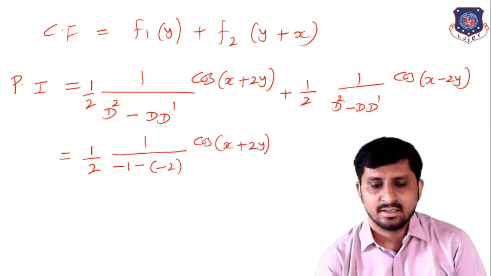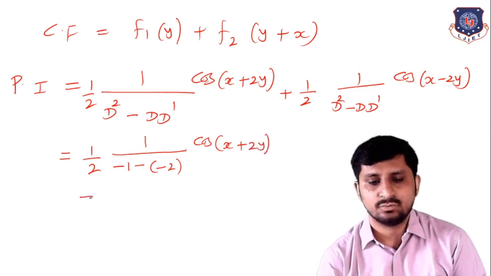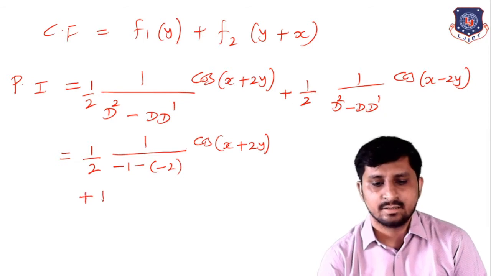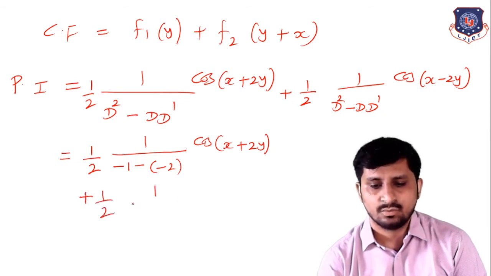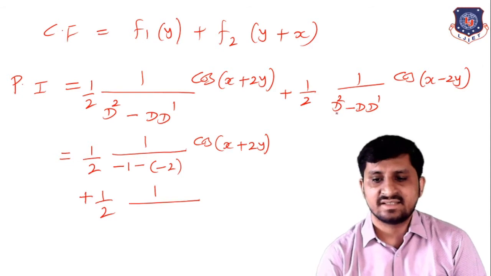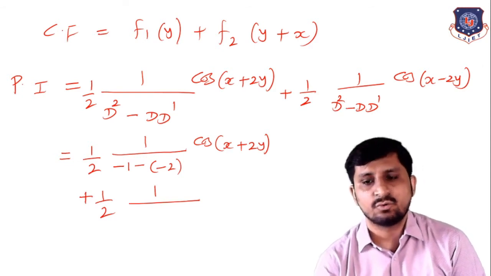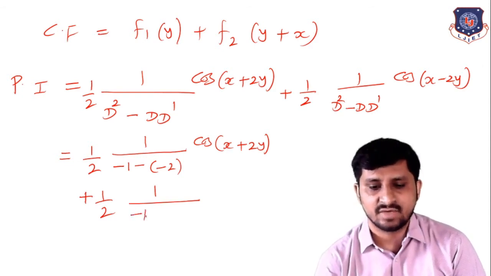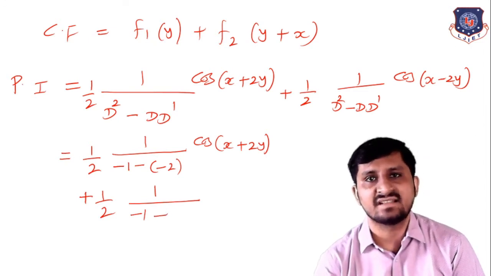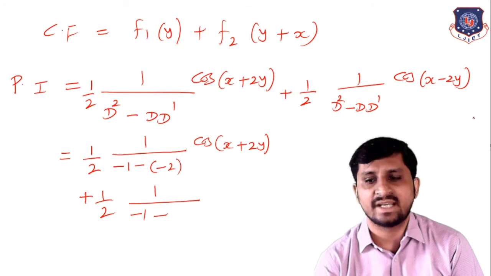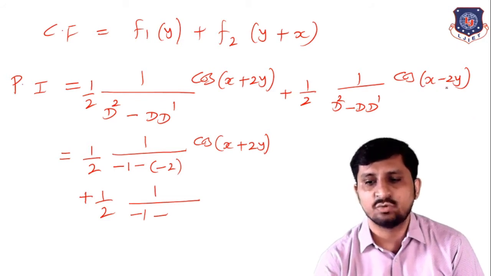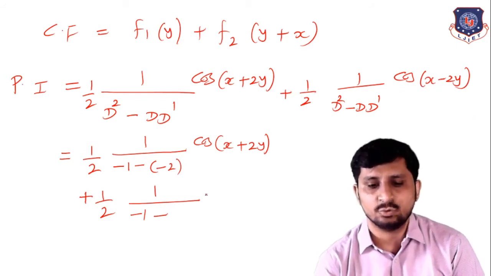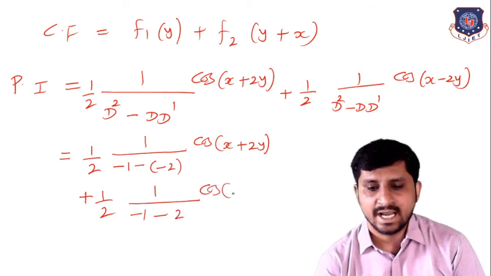Similarly here, plus 1 by 2, 1 upon, instead of D square we take minus 1, minus, instead of D D dash we take minus ab. The value of minus ab is minus 1 into minus 2, so that becomes 2. So here we have cos(x minus 2y) with denominator minus 1 minus 2.